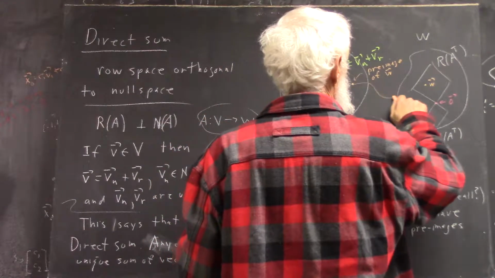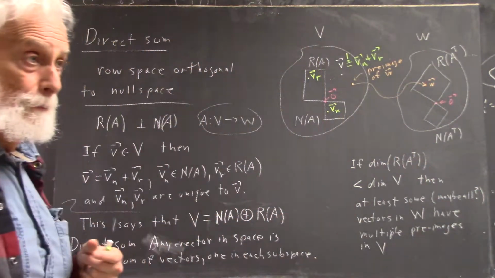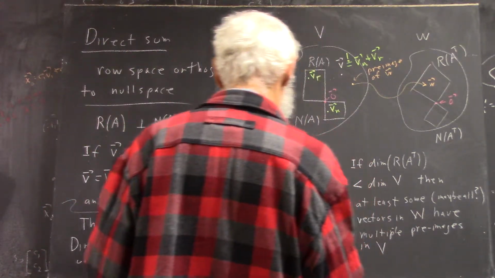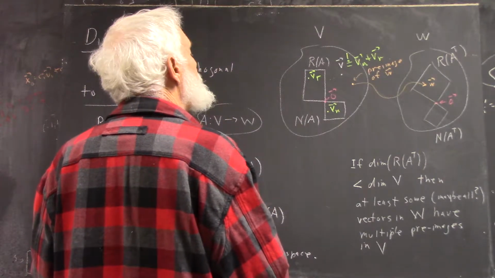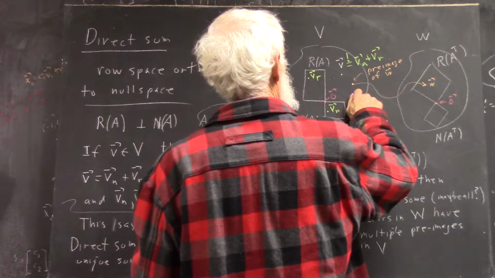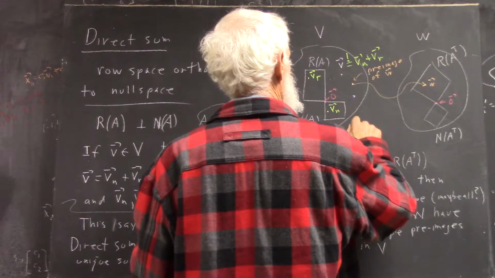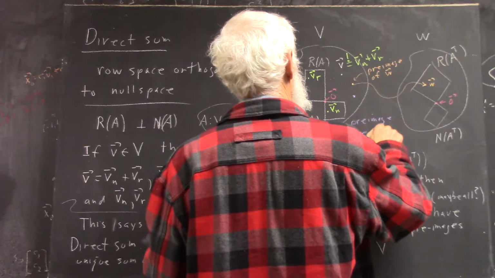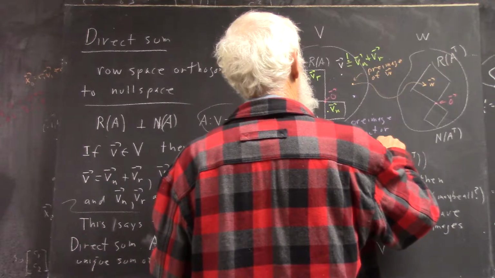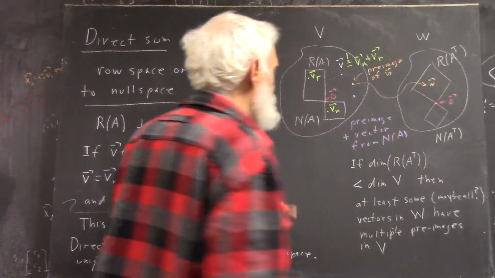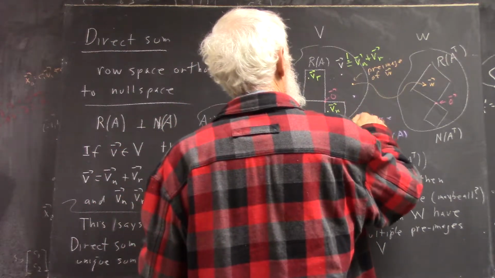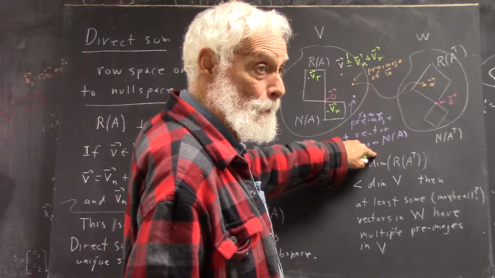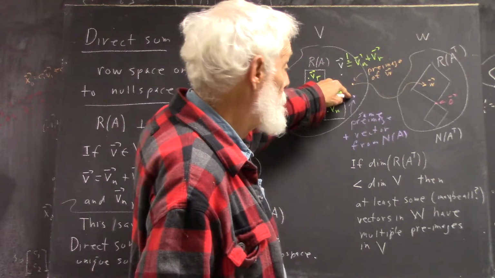So this vector maps to W. This is going to be the same pre-image, plus some vector from the null space. So this vector is something plus something from the null space.